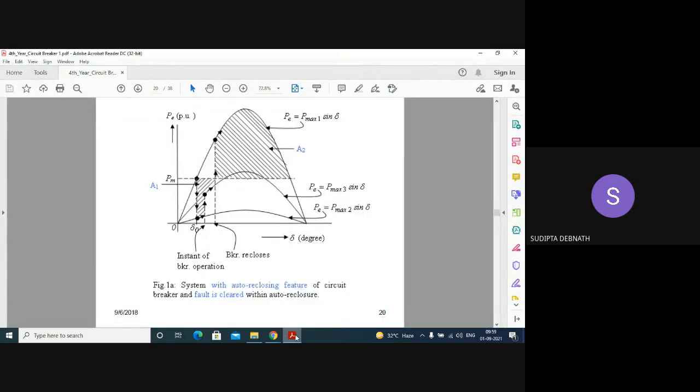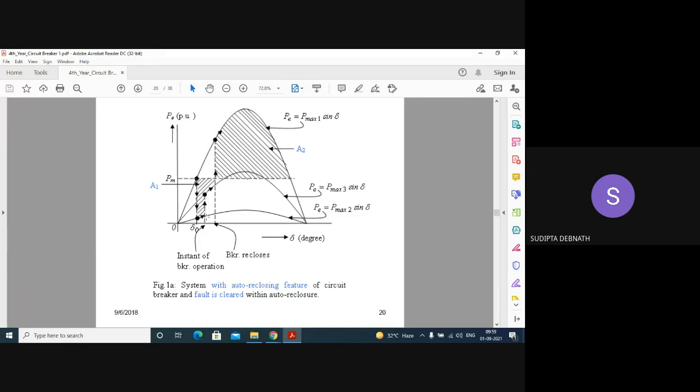Anyway, this is the during fault curve, and as the fault has occurred at this point, it will come to this point. Okay, it will go, and when the curve was at this position, then what happened? This is the instant of breaker operation. That means the fault has been cleared.